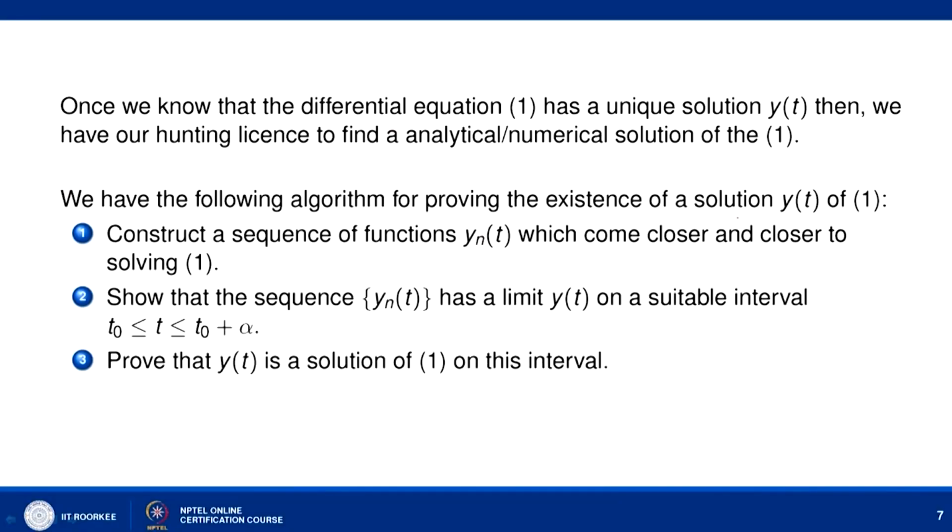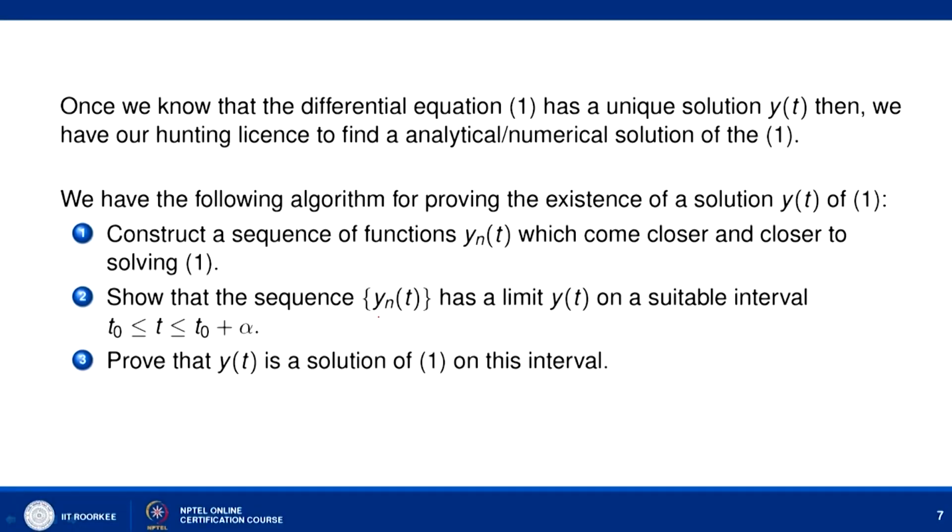Here we want to find one iteration scheme which is known as the Picard iteration scheme, and we have the following algorithm for proving the existence of a solution y(t) of 1. Construct a sequence of functions y_n(t) which come closer and closer to the solution of 1. It means that somehow we want to find a sequence of functions which converges to the solution of problem 1.